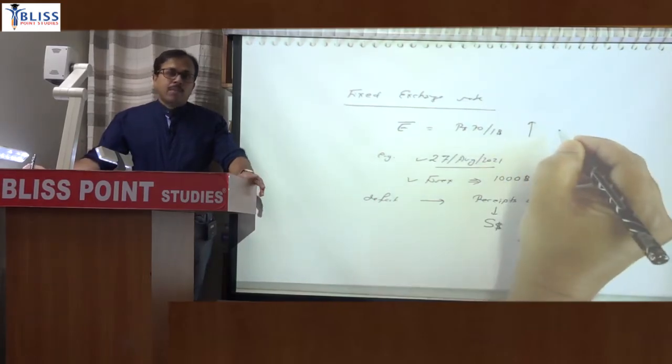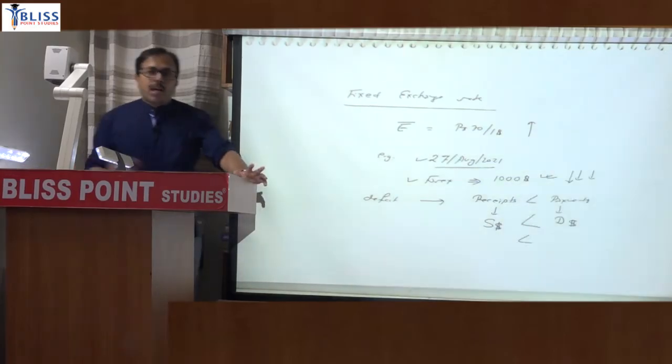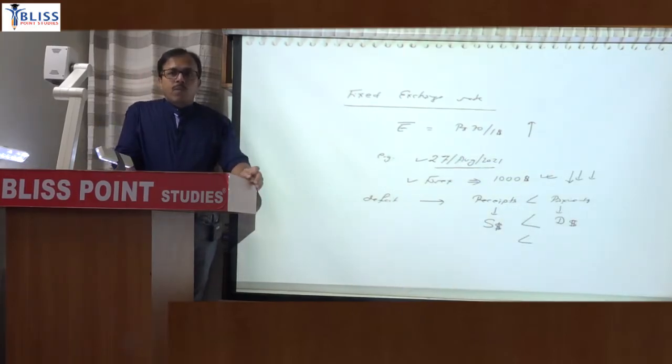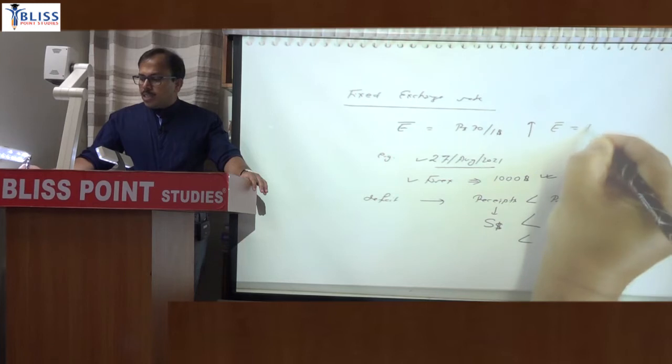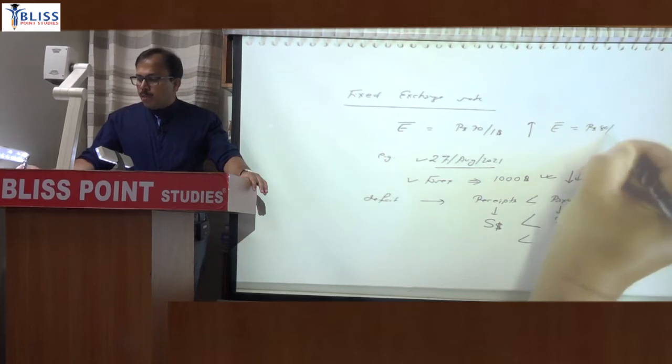The central bank will say that, since I have less dollars, to get $1 now you have to pay more rupees. That means making the dollar more expensive, and that is called devaluation. So the central bank will increase the exchange rate from 70 and now keep it fixed at 80 per dollar.